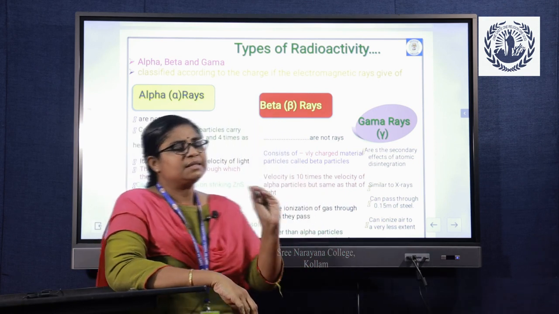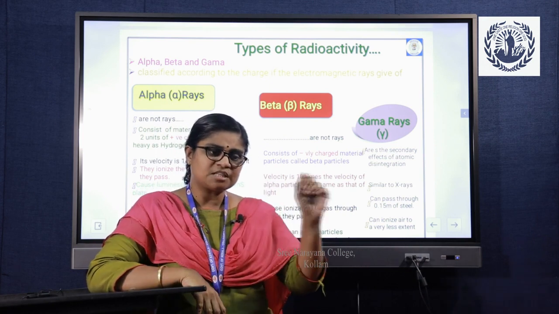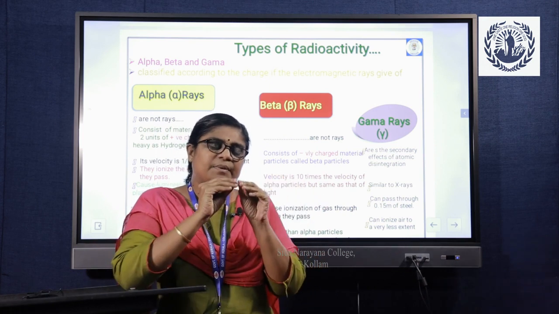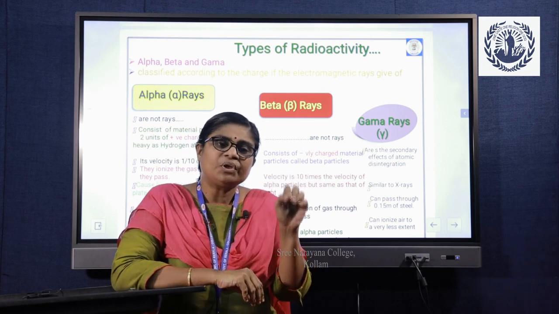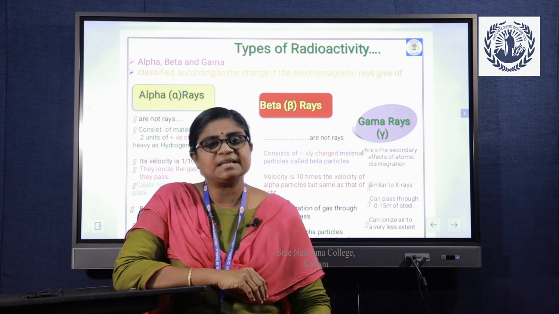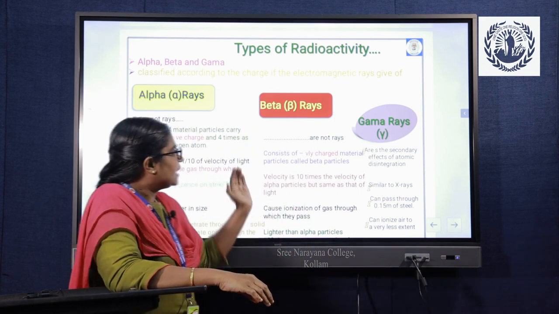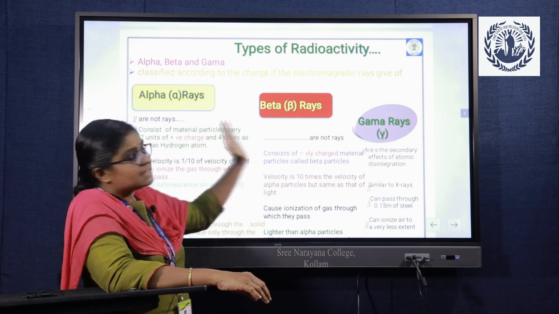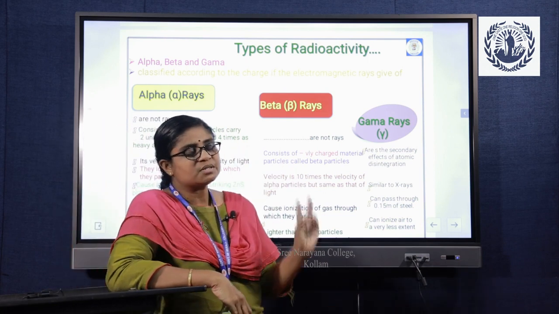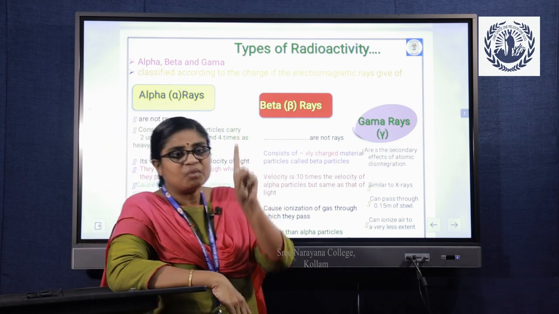When these beta particles are moving through gas molecules, when a beta particle hits a gaseous molecule, it will ionize. It has the capacity to ionize the gaseous molecules, and its ionizing power is lesser than that of alpha rays, because alpha rays have 2 positive charges and beta rays have only 1 negative charge.